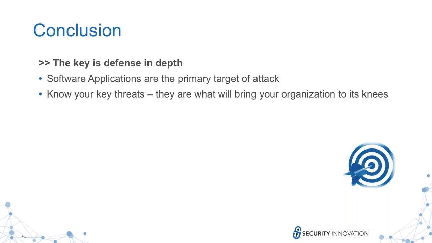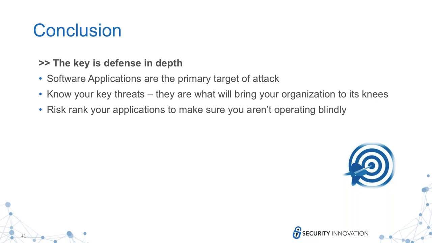So you need to understand the threats to the risk and how you can address those. You're going to risk rank your applications to make sure that you're not operating blindly. Spending your dollars on a very small marketing app when you have an exposed HR application is operating blindly.